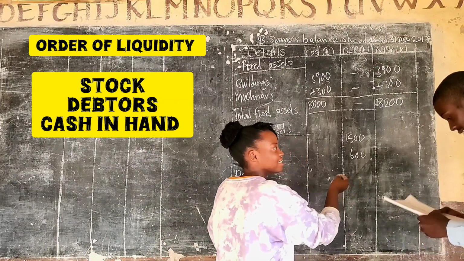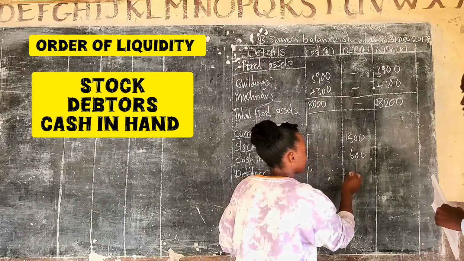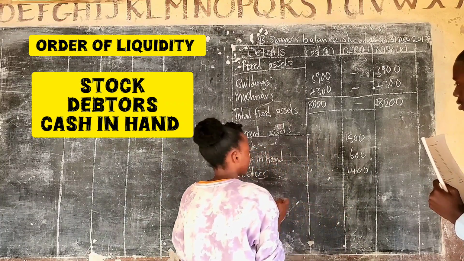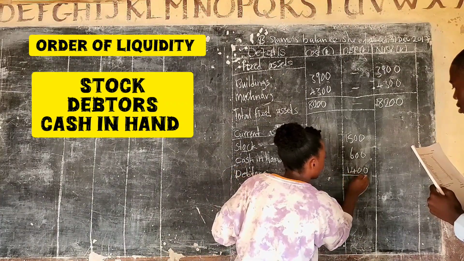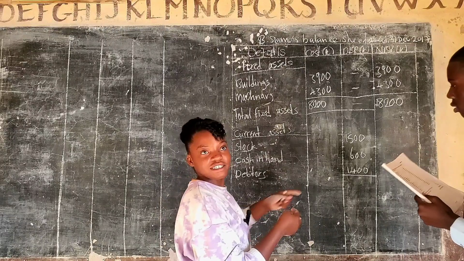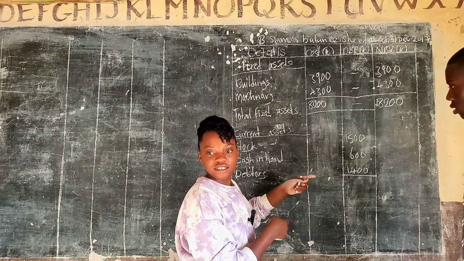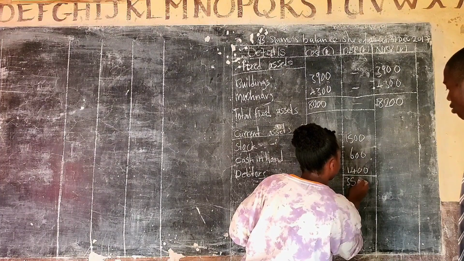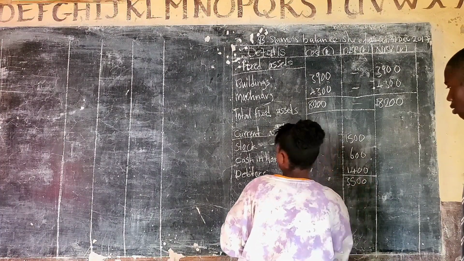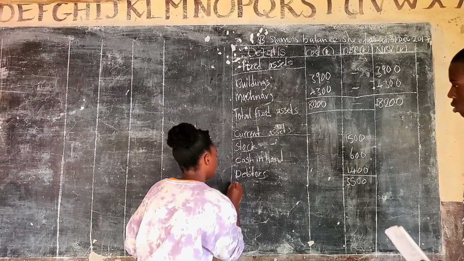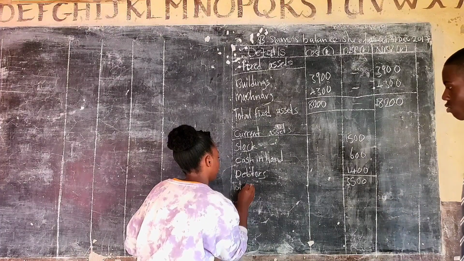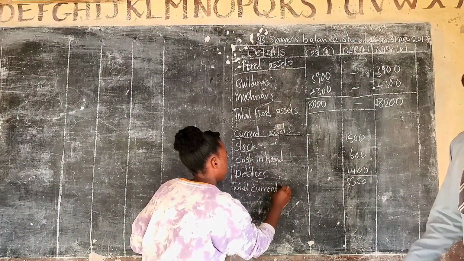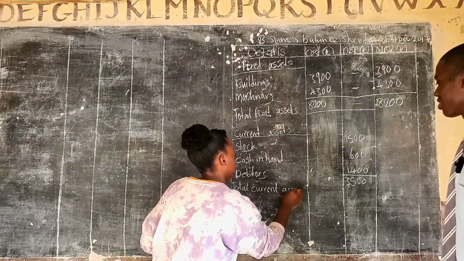How much is it? 1,400. So we are done. We add this. So guys, how much are we getting? 3,500, which is the total current assets.